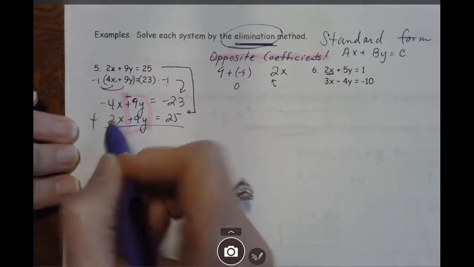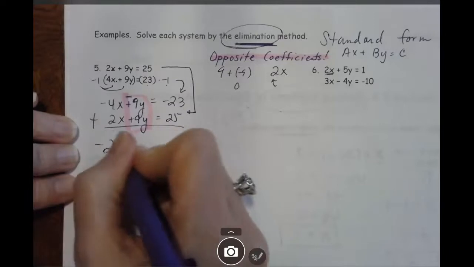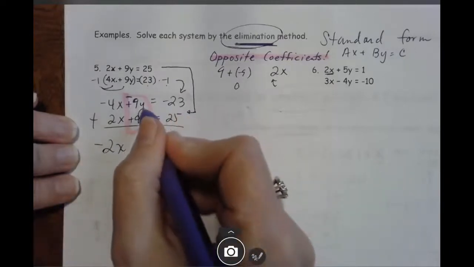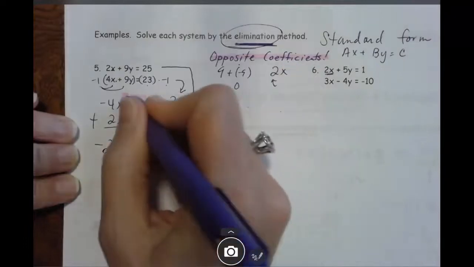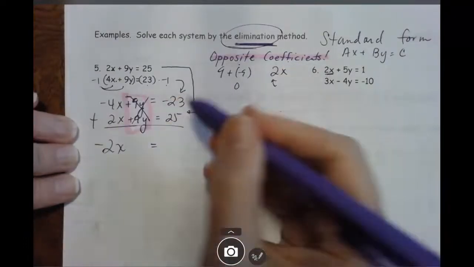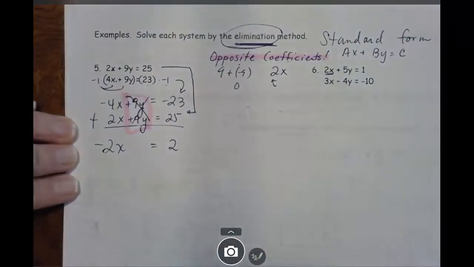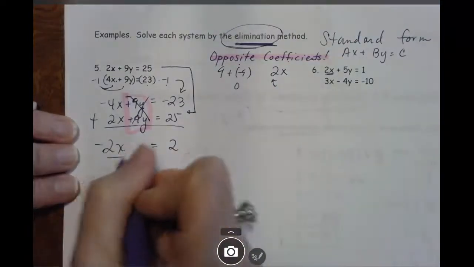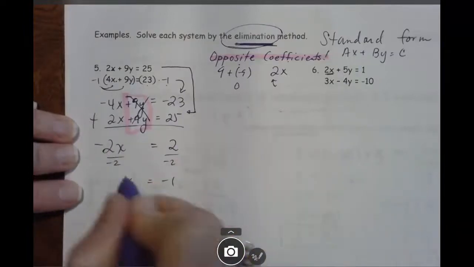Negative 4x plus 2x is negative 2x. A negative 9y and a positive 9y are opposite coefficients. They will cancel. Equals negative 23 plus 25 is 2. So we end up with negative 2x equals 2. Divide by negative 2, and we get x equals negative 1.